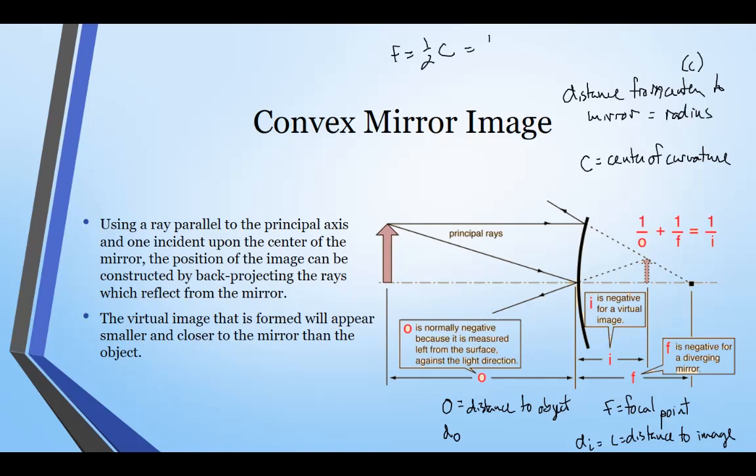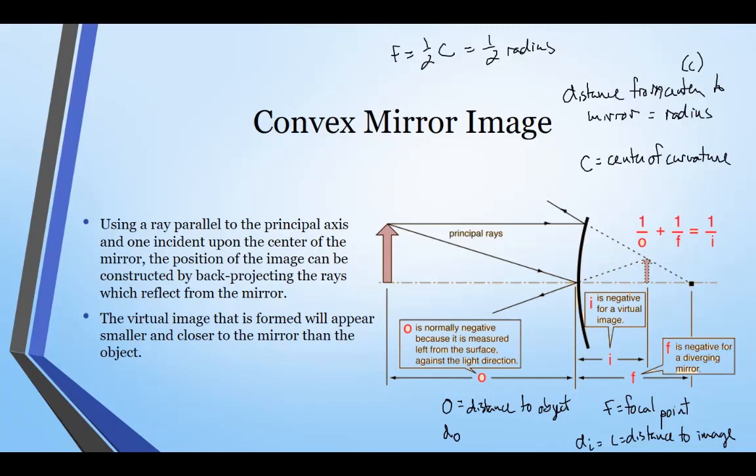If they don't give you the actual focal point for your particular mirror, you can use 1/2 the radius based on C. A great lens simulator is simbucket.com/lens and mirrors/, and we'll try to link that into one of your examples so you can play through this.